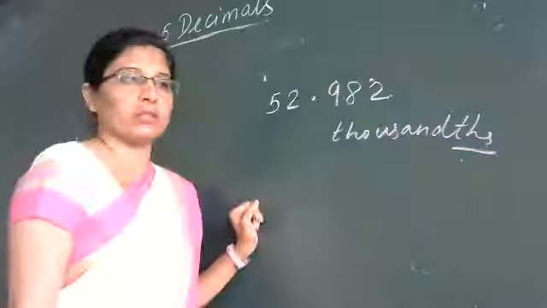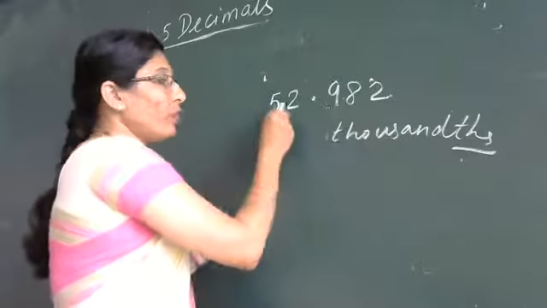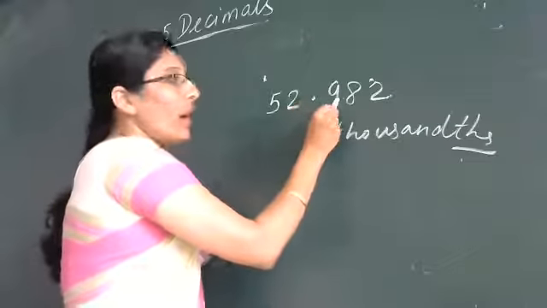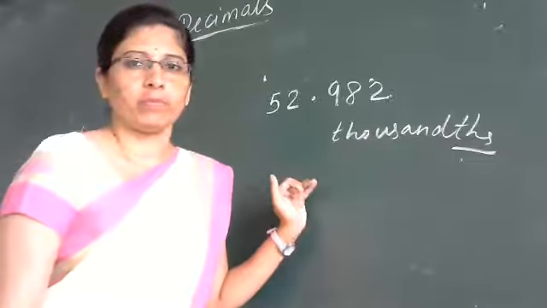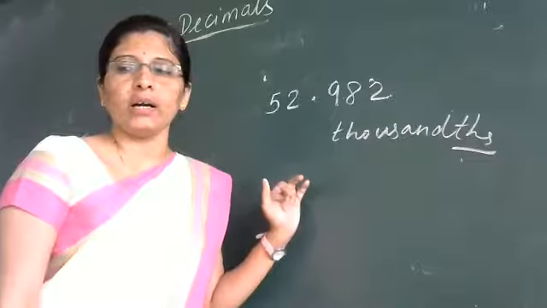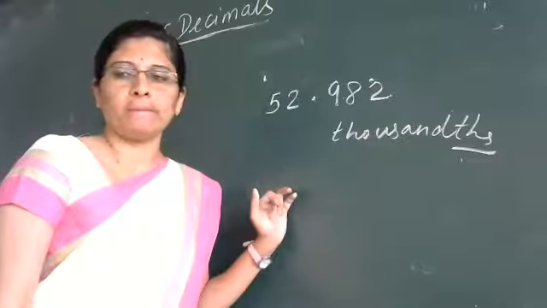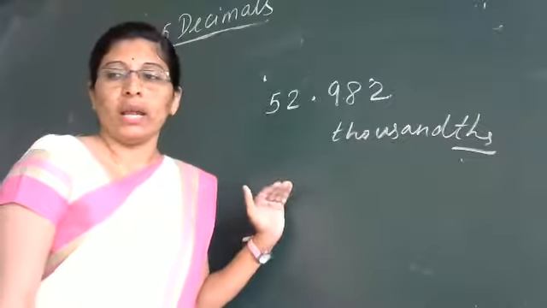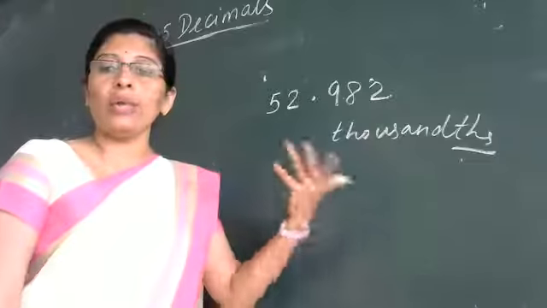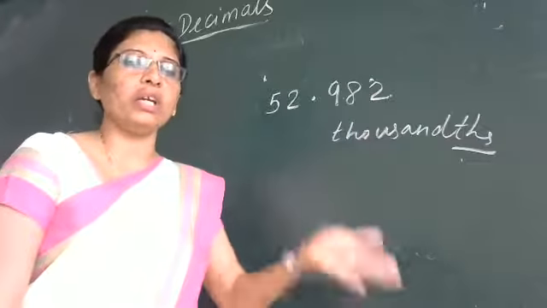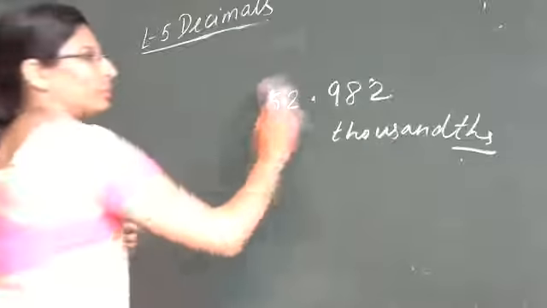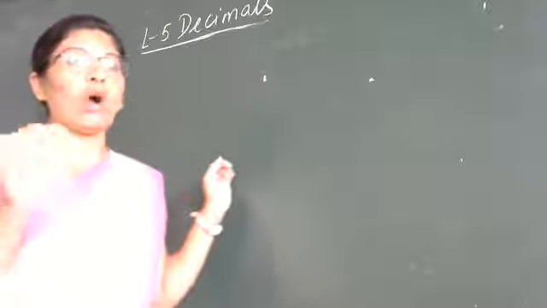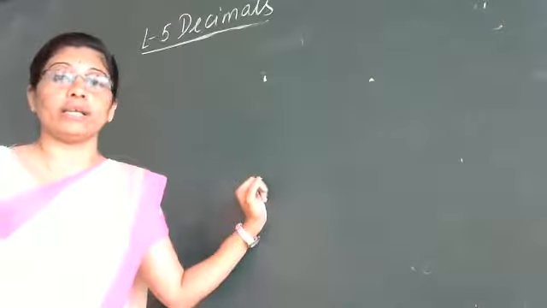You have to put THS. So it is 52 and 982 thousandths. Okay, got it? How to read and write a decimal? Yes, okay. Now we will see how we can convert a fraction into a decimal and a decimal into a fraction. So first we'll see how a fraction can be converted into a decimal.